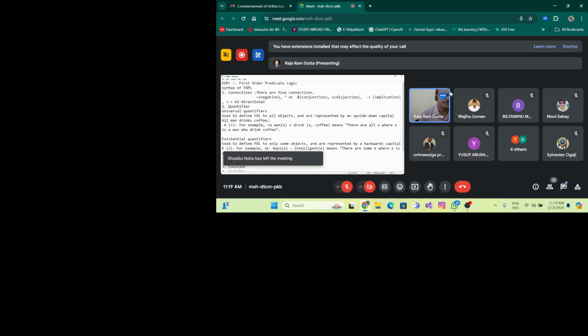We can represent all men using for all x. This is the symbol for all, and x is a variable. So for all x, man(x) means x is a man. Drink is a function: x drinks coffee. X is basically the name of the person.